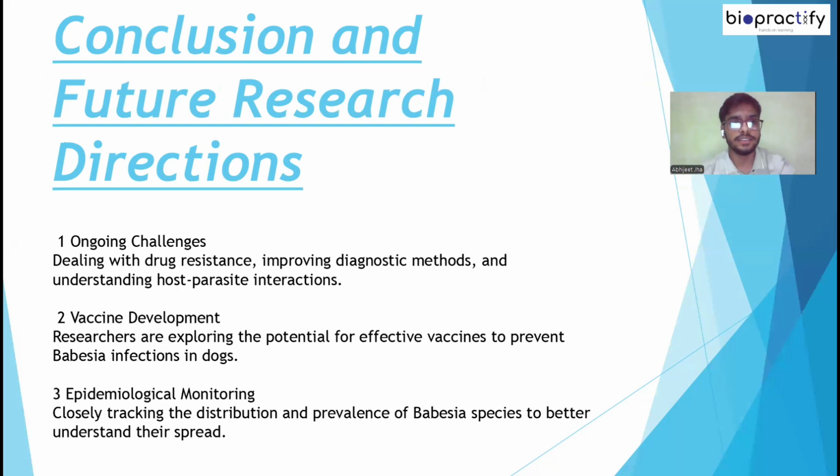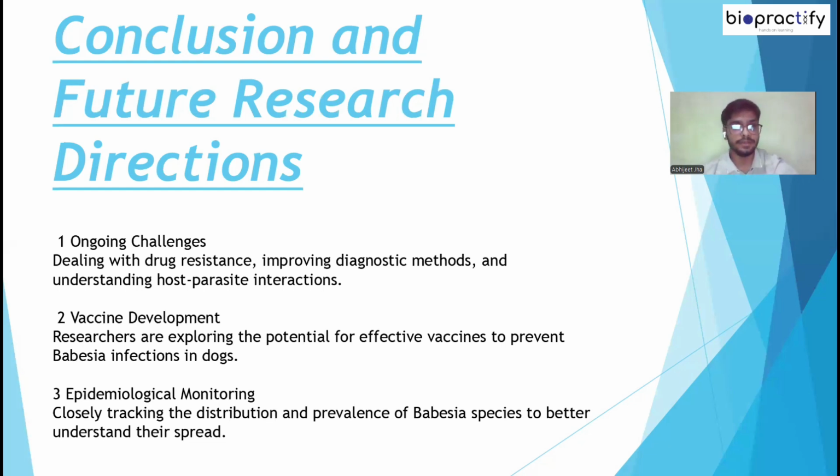Conclusion and future research directions. First point is ongoing challenges, second one is vaccine development, and third point is epidemiological monitoring. First point: ongoing challenges, dealing with drug resistance, improving diagnostic methods, and understanding the host-parasite interactions.